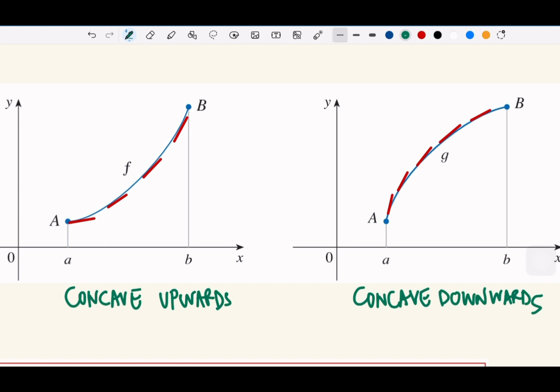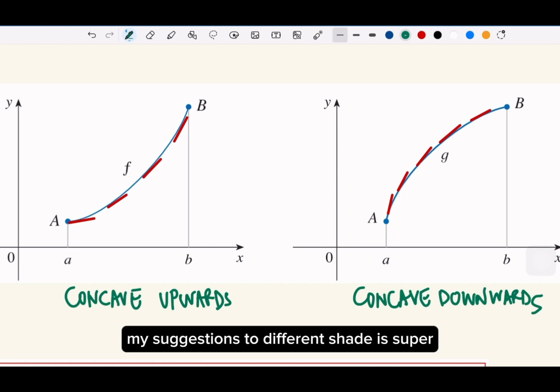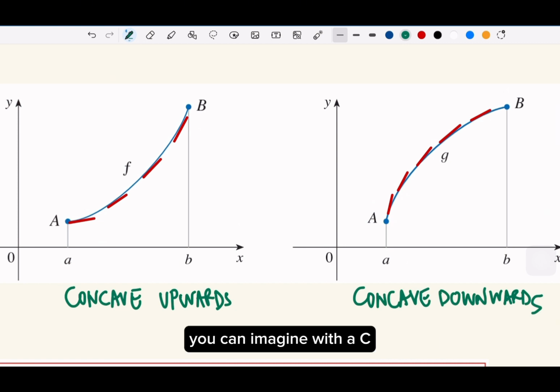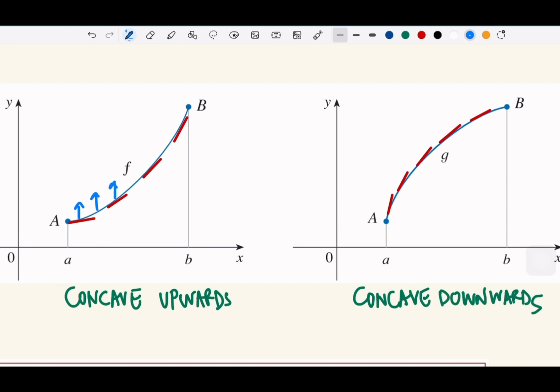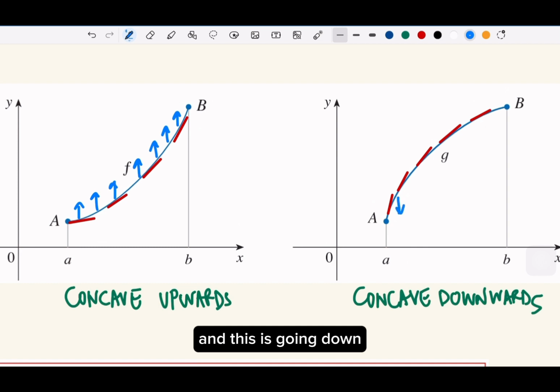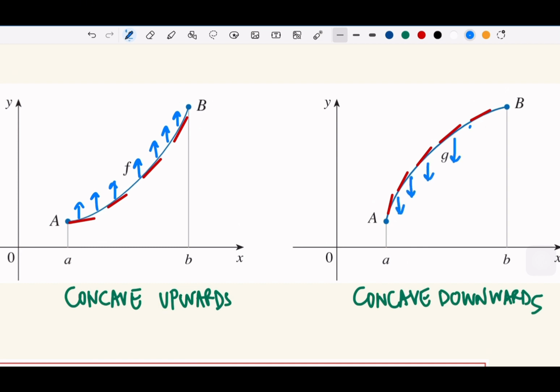My suggestion to differentiate these two curves is to imagine a C. This is going up, this is going down. Or you can add an arrow, that this is going up like that, and this is going down like that.